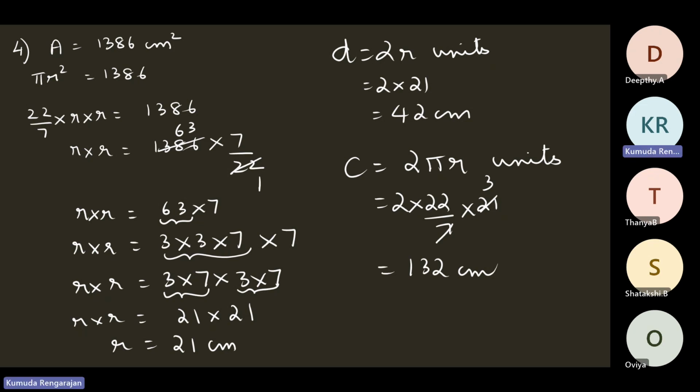Understood this, children? You need to practice. You may understand, but it's not easy to remember the procedure. You have to practice for that. Understanding and remembering are two different things.